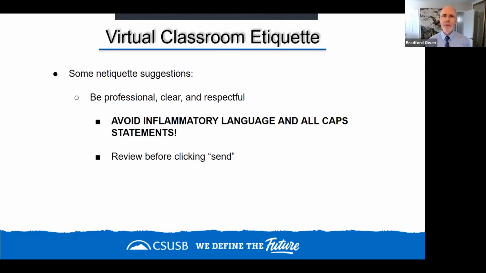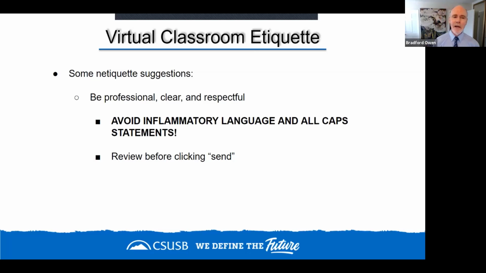So we certainly want to avoid this kind of very charged, emotional written communication. This is the equivalent in writing of yelling at your peers or your instructor. We just want to refrain from this always.